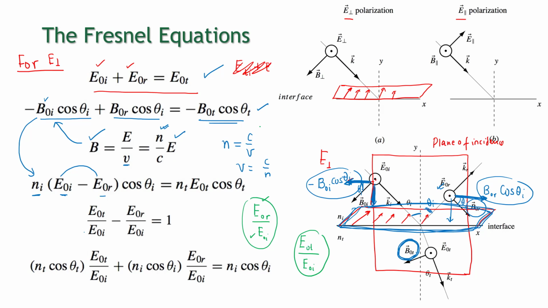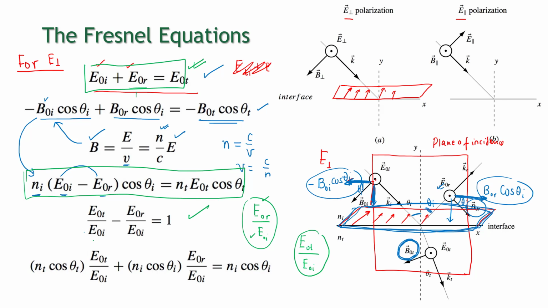We have this equation and this equation, and we want to solve those two equations. To get the ratio, let us divide both sides of this first equation by E0I. Dividing this first equation by E0I, I get that.